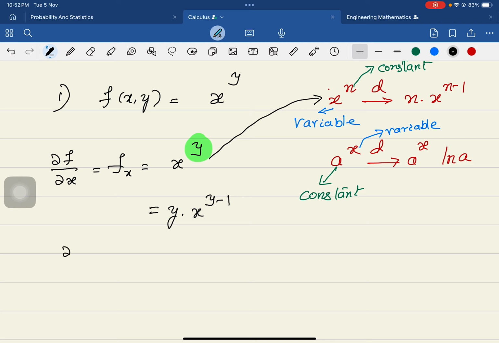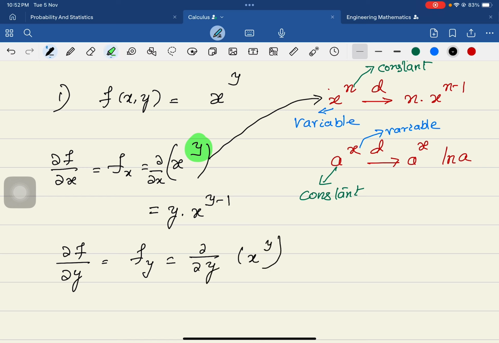Okay. And then let us take dou f by dou y, that is fy. That means the partial derivative dou by dou y of x power y we need. So here what is the constant?